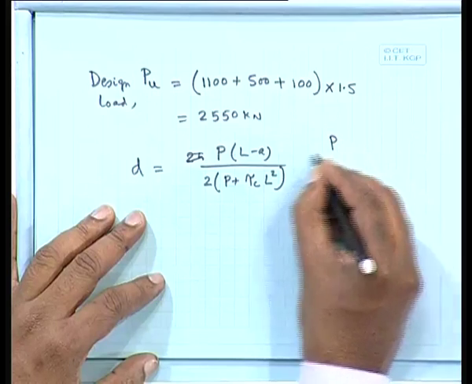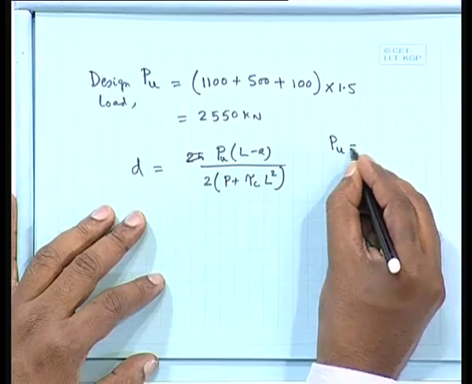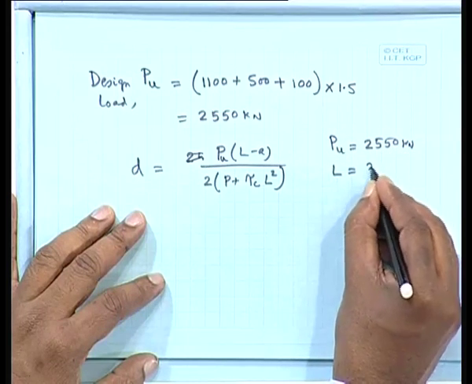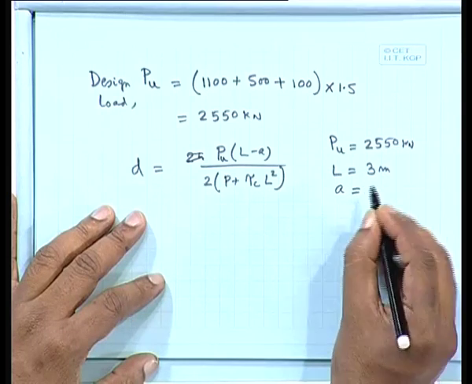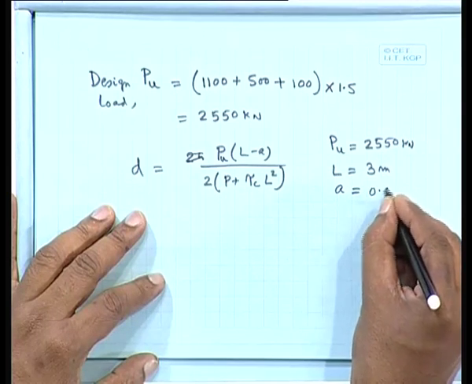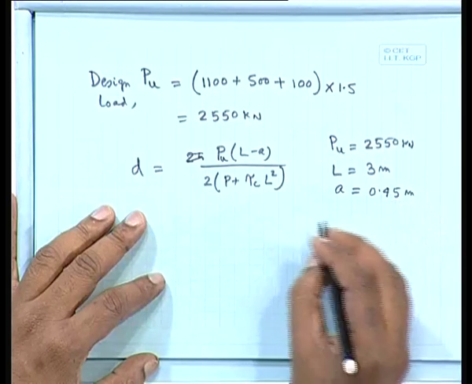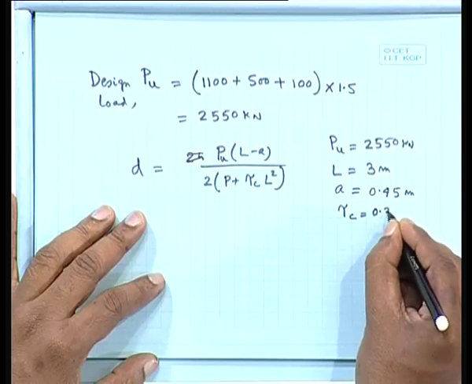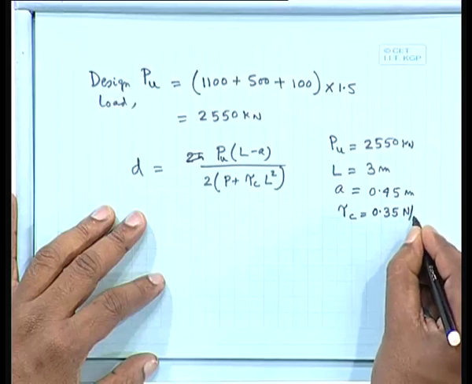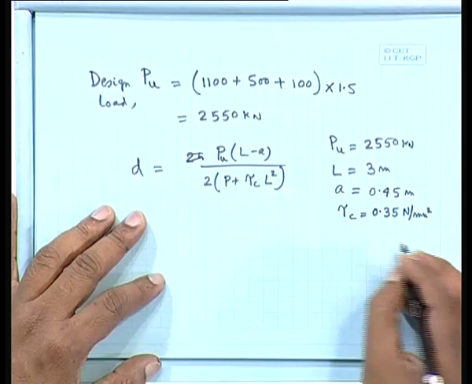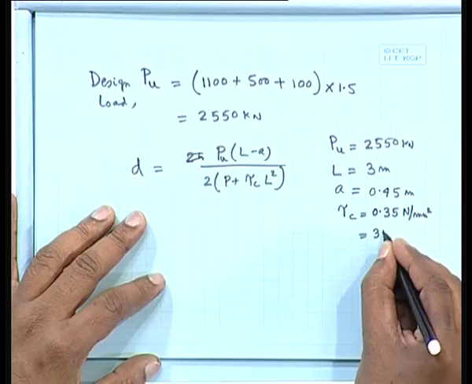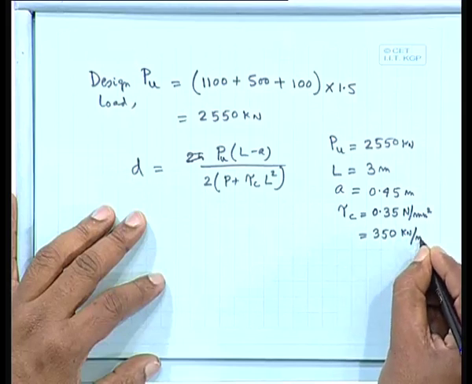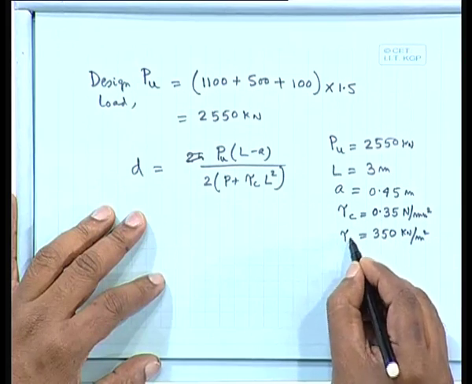PU is 2550 kilonewton, L is 3 meter, A is 0.45, and tau C is 0.35 Newton per square millimeter, equal to 350 kilonewton per square meter, that is your tau C.